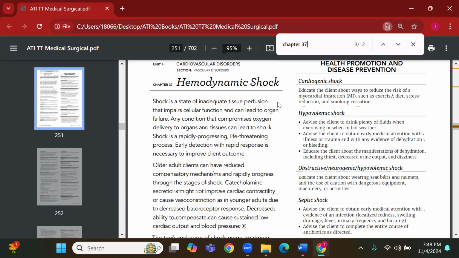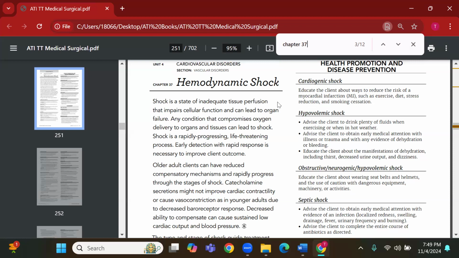Remember, histamine is a potent vasodilator. But septic shock is due to the tremendous amount of bacteria that's being produced. And bacteria is also a potent vasodilator. So that is why there's not enough perfusion. We still have the same amount of blood. We still have the same vessel, but that vessel has just gotten larger because we are vasodilated, right?